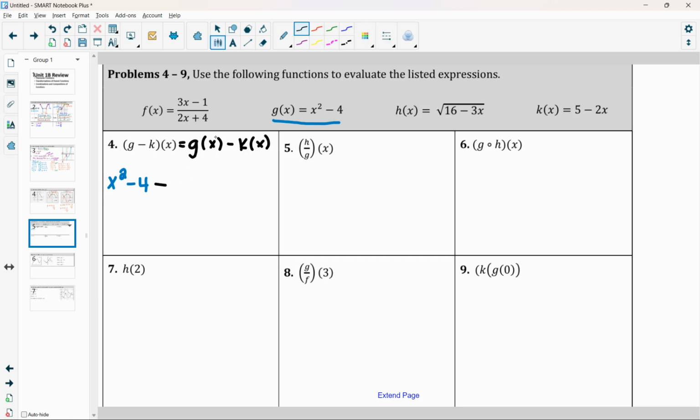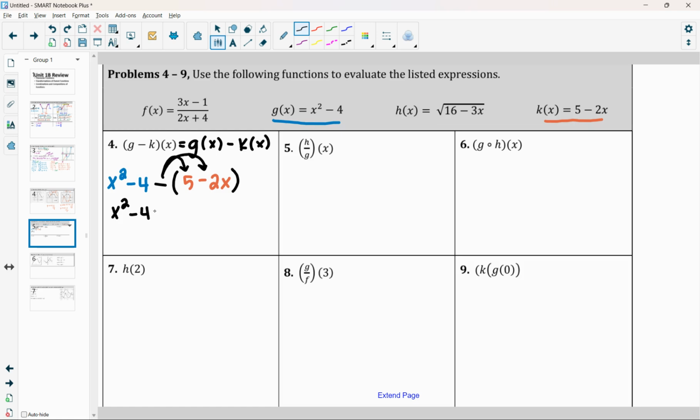Now be careful when you subtract because you want to make sure you get parentheses around that second function so that you distribute that negative in. So we have minus the k function, which is 5 minus 2x. And then we'll simplify. So we have this x squared minus 4. Then you're going to bring in the negative.